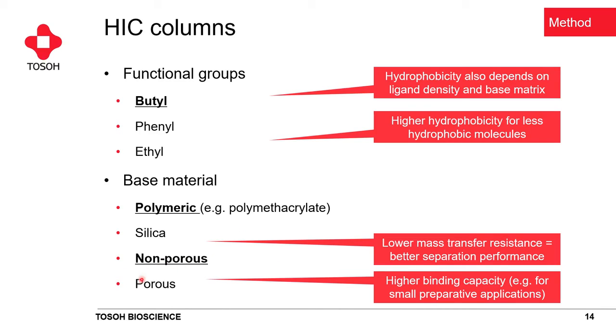So you would go for a non-porous column if you would like to have low mass transfer resistance and high separation performance. The porous one is more intended for semi-preparative applications, for instance. Also silica, there you are limited with the pH that is used for the separations, for instance. So really the polymeric non-porous particles are the ones that you meanwhile find for HIC applications.